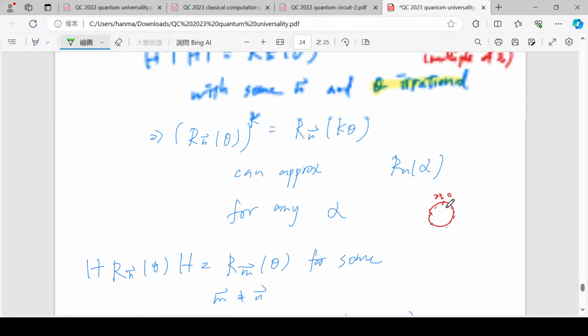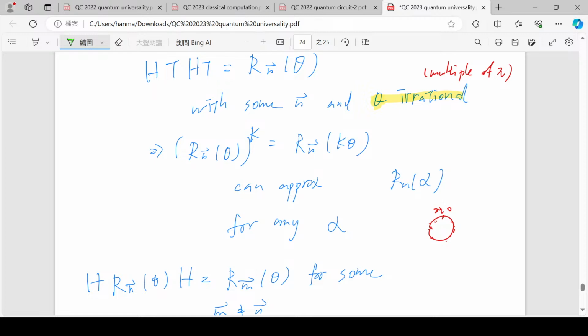If you just do H to the k, this will not give you the same effect because we know H squared equals identity. H is like a rotation of angle pi. So H squared equals identity, and H to the k will just be H or identity. So you only get two possible angles.